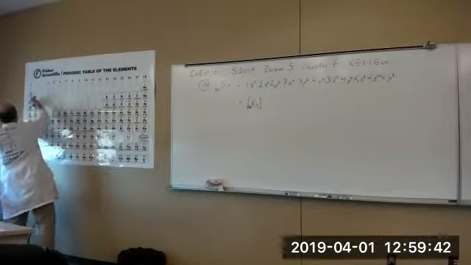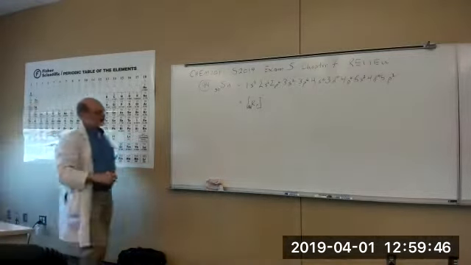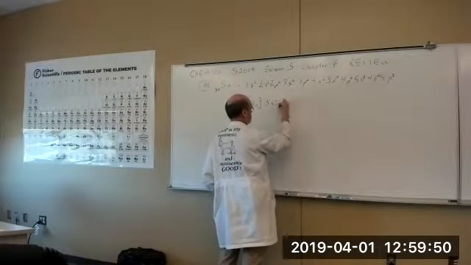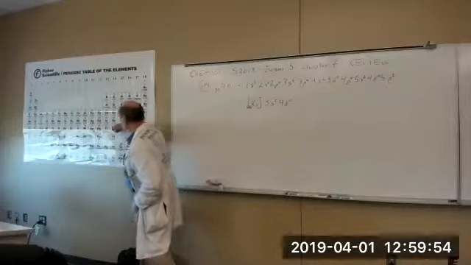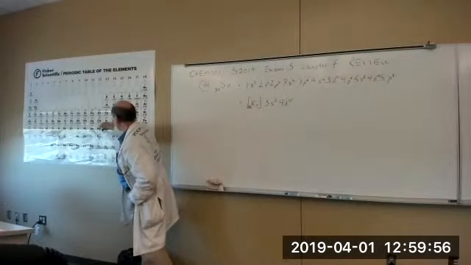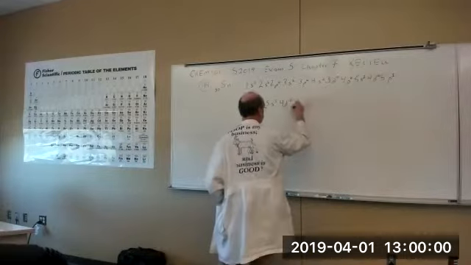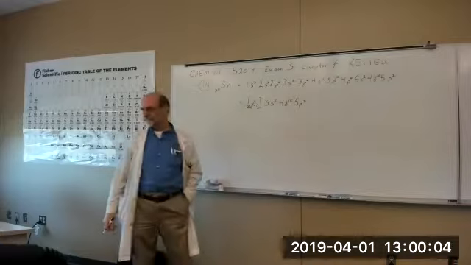So that's 1, 2, 3, 4, 5. 5s, 4d. And then 5p, 1, 2. Okay, that's your abbreviated form.